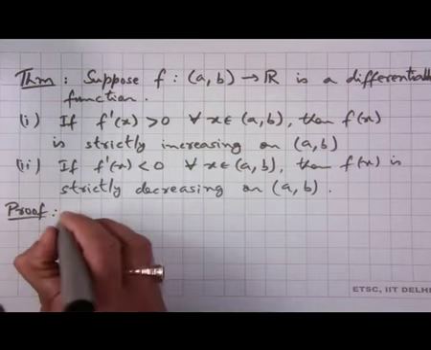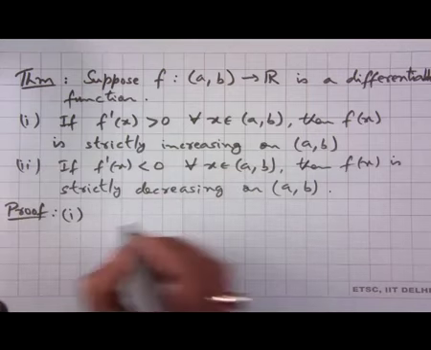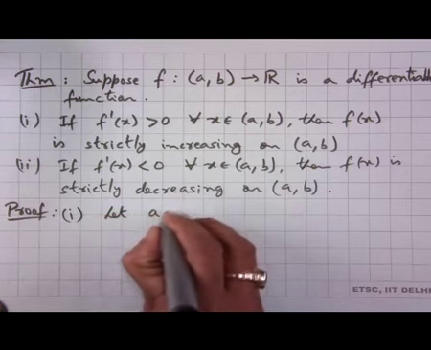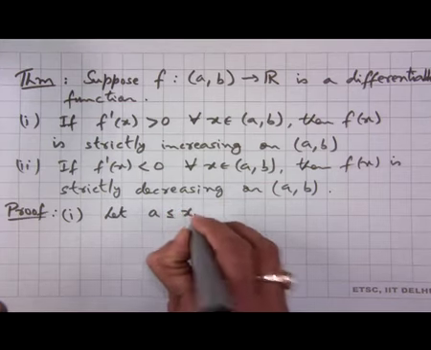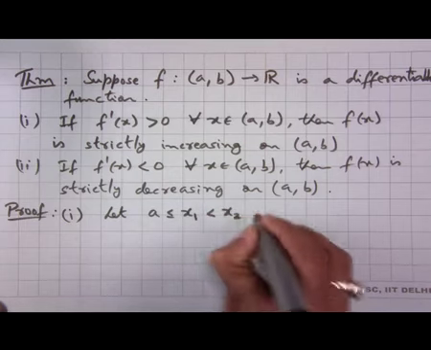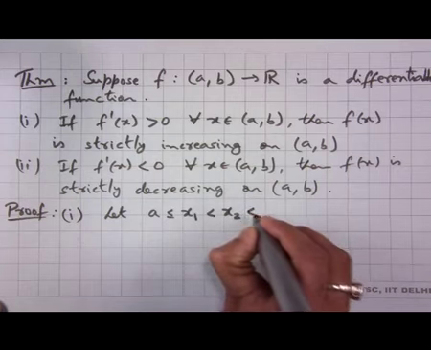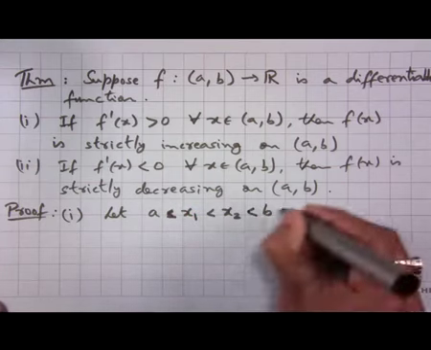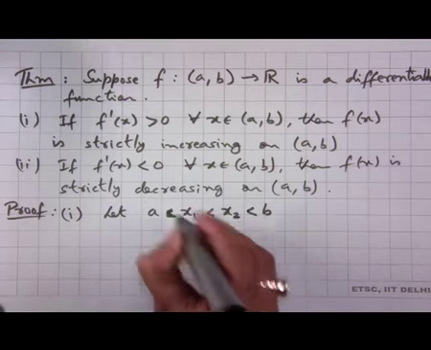Suppose we take any x1 and x2, with x1 less than x2. Then we have to show that f of x1 is strictly less than f of x2.